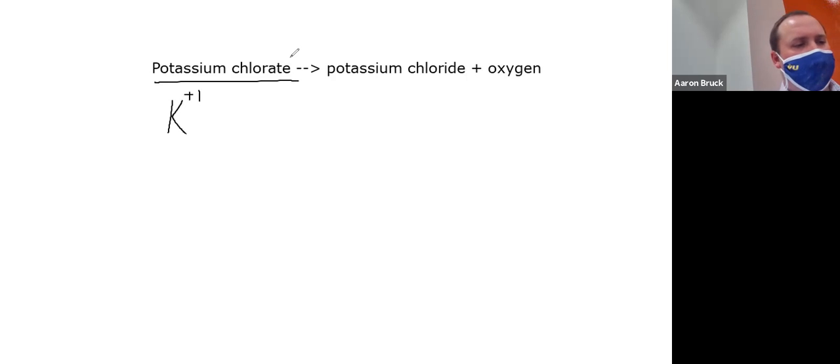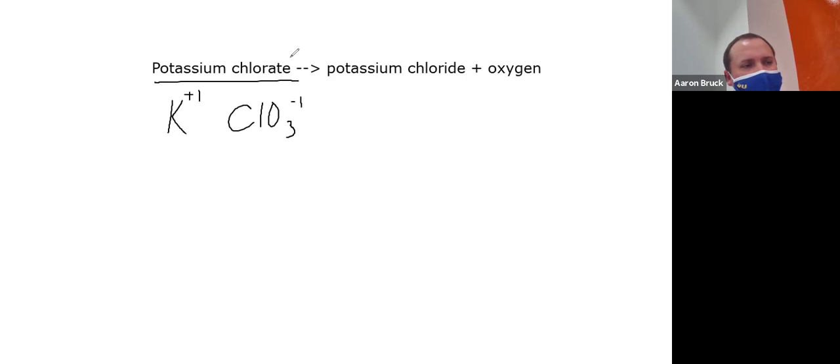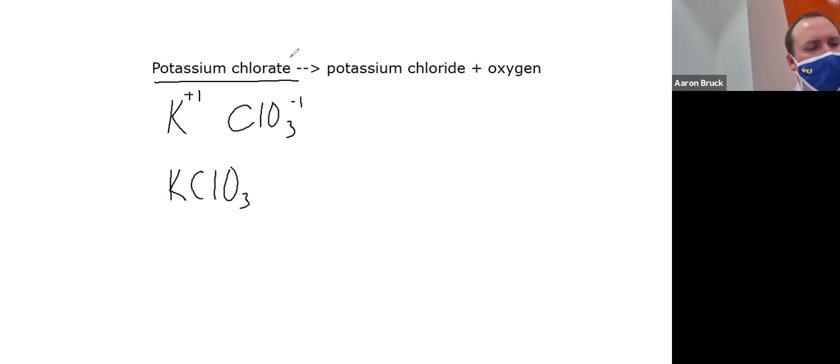Chlorate ion, ClO3 with a -1 charge. So I've got potassium chlorate, +1, -1. Charges match, so the compound itself exists in a 1-to-1 ratio. The formula for potassium chlorate, KClO3.